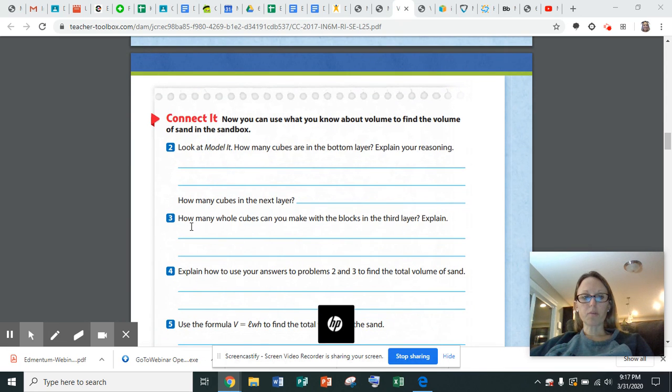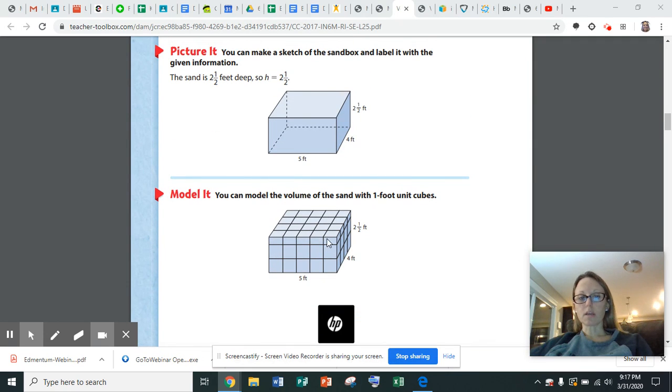Okay, then number 3 says, how many whole cubes can you make with the blocks in the third layer? Okay, so when you're looking at this, this is only half of a cube, right? So you would need 2 of them to make one whole. So this is a half and this is a half. So that's 1, then 2, then 3.